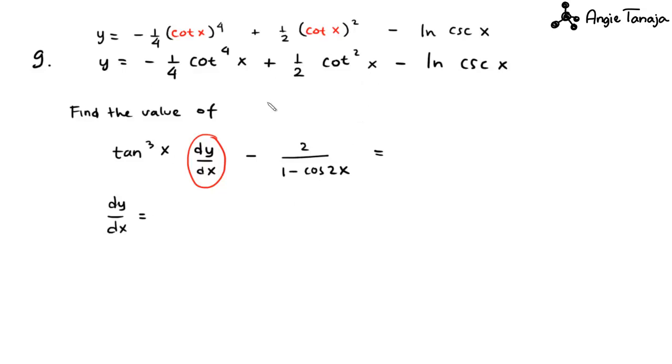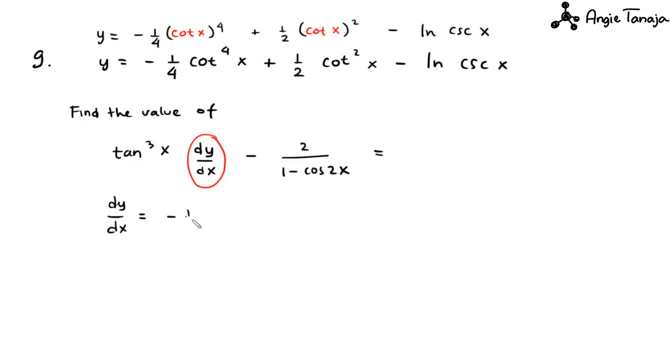My question right now is either I have to change my y or I just do the derivative directly. So far I couldn't find any benefit to change this to the other form. So let's just do it right away. Just find the derivative of this.